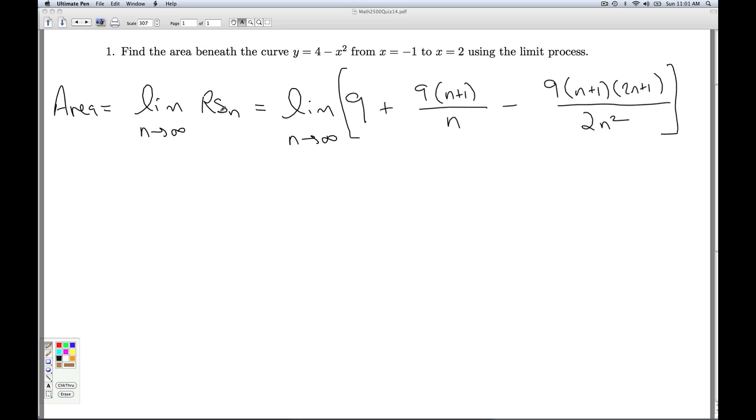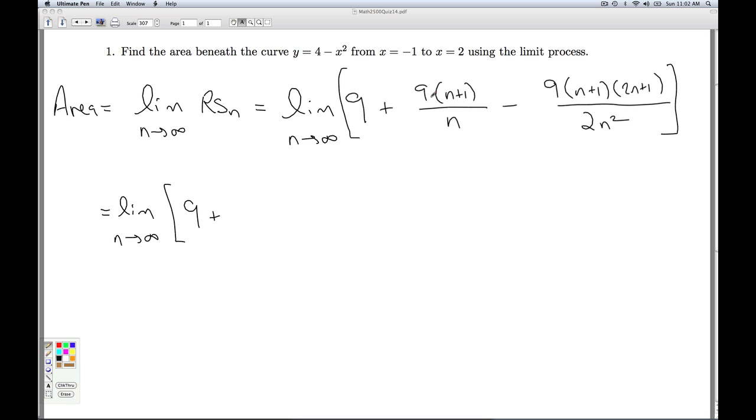Okay, so as we mentioned before, since we have a continuous function on the closed bounded interval, the area is going to be the limit as n goes to infinity of the value of the right endpoint sum. And this is what we got for the right endpoint sum. So we take a limit as n goes to infinity, and we apply what we know from limits at infinity. So the 9 is not really going anywhere.